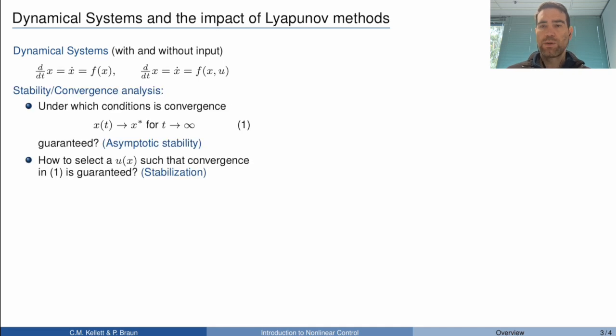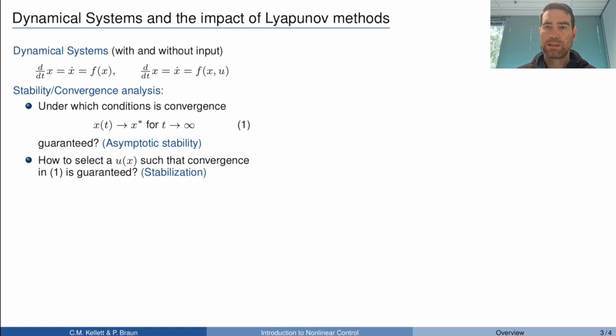And then the general question we will be asking and answering in the book is, under which conditions can we guarantee convergence to a particular point? So when is x of t converging to an x star for all initial conditions, or for a subset of initial conditions, if we let t go to infinity?